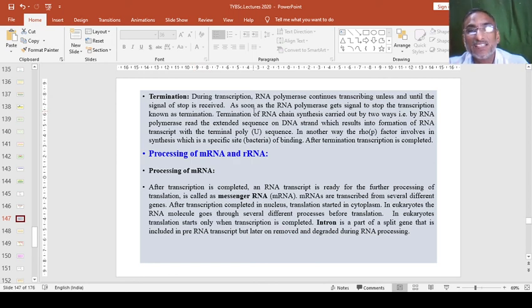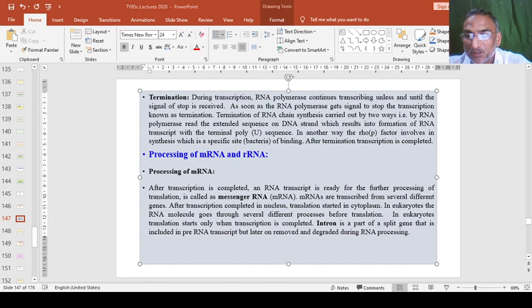As soon as the RNA polymerase gets a signal to stop the transcription, known as termination, a signal is sent biochemically by elements to the RNA polymerase, and then it stops forming. Okay, so we will conclude here today's talk, then continue later on.